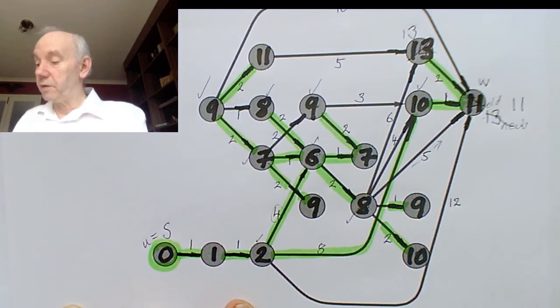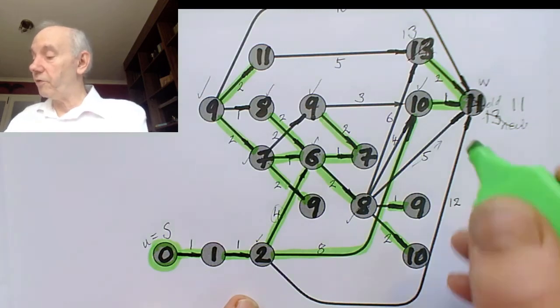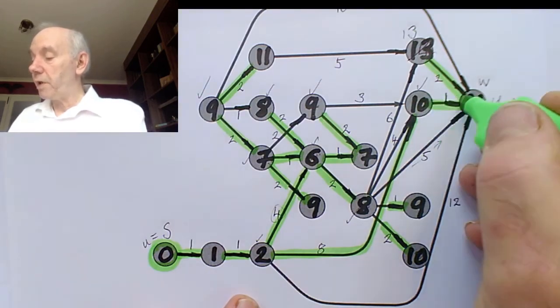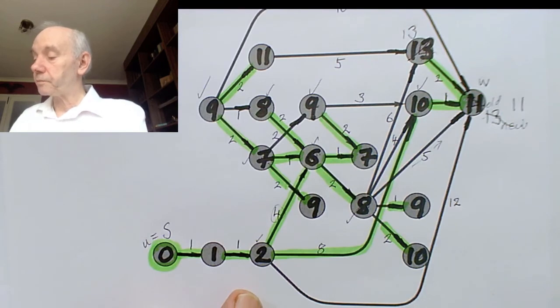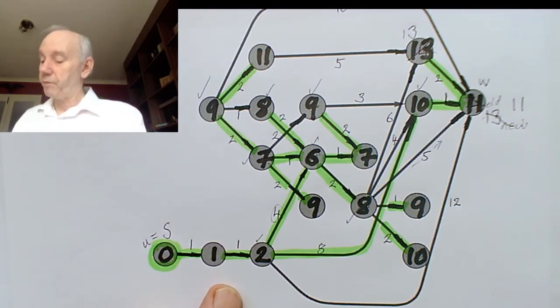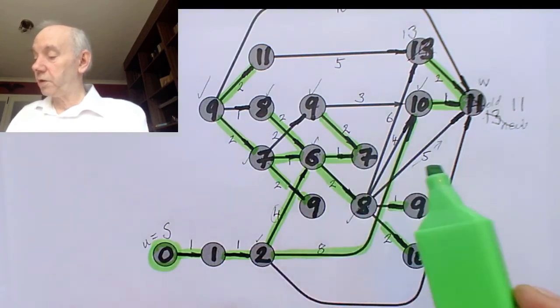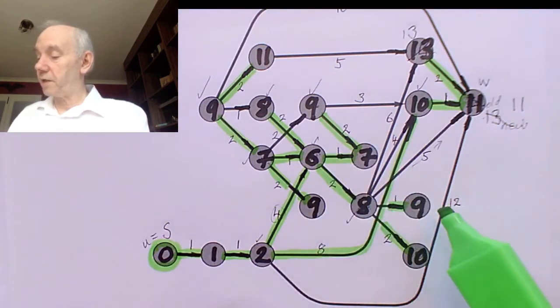So now I'm getting a bit stuck, but I want to see what other edges we need. 9, 10. Well, I've already put the one here. So what vertices am I missing? Perhaps I've got all the vertices. Have I got an edge to every vertex? Let's see what's in the tree: 6, 8, 9, 10, 7.